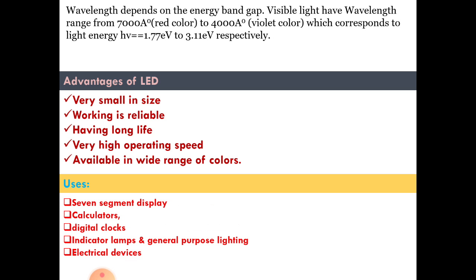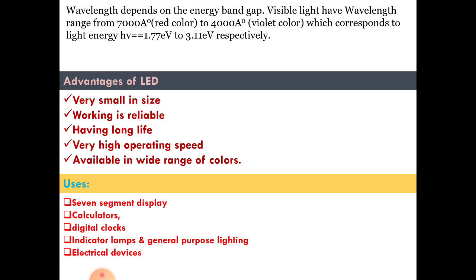Wavelength depends on the energy band gap. Visible light has wavelength ranging from 7000 angstrom unit, which gives the red color, to 4000 angstrom unit, which gives the violet color, and these correspond to the light energy h nu equals 1.77 electron volt to 3.11 electron volt respectively.